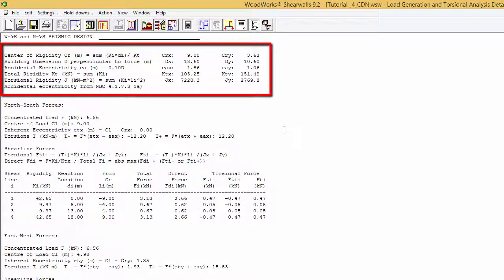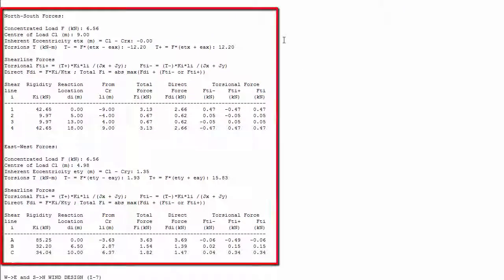The accidental eccentricity, location of the center of rigidity, and even the torsional rigidity is shown in this file.